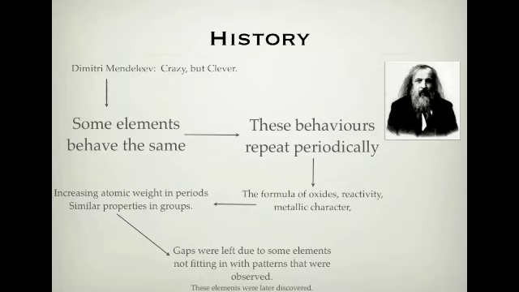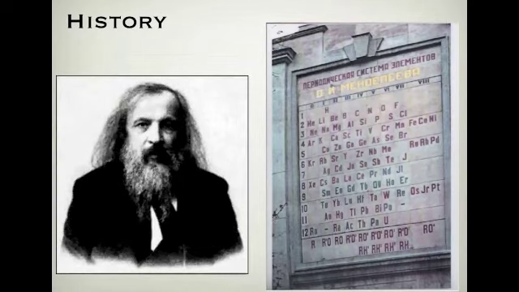He arranged them, as I said, with increasing atomic weights in periods which go across, and he put the similar properties in groups going vertical. And this is the kind of thing that he came up with. This is his periodic table here, you can see. These periods are going across, and the groups going up and down here. So period 1, period 2, period 3, then group 0, group 1, 2, 3, 4, and so forth.